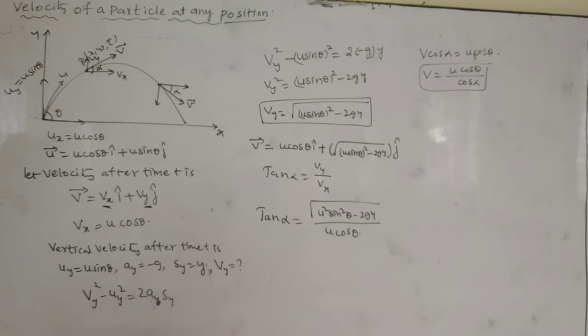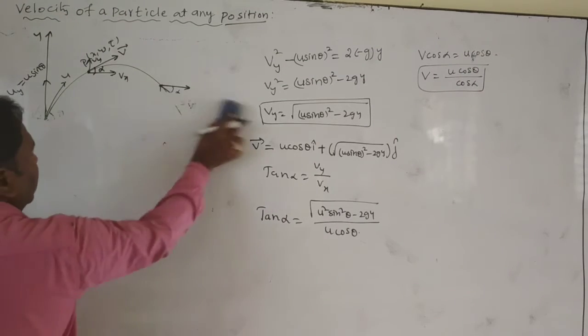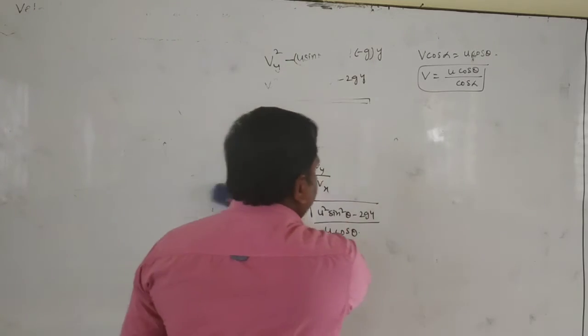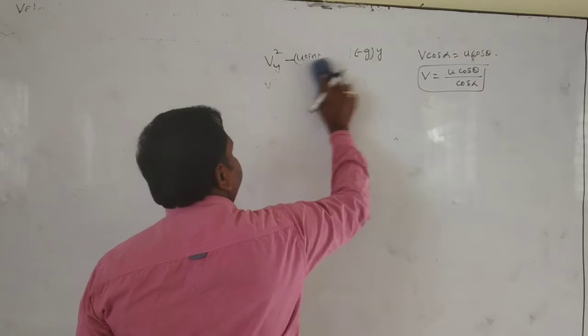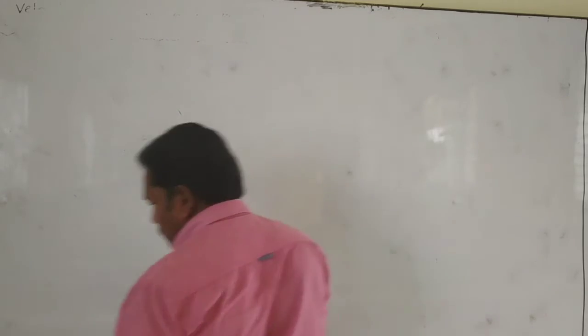Next we are going to find the velocity of the particle at half of the maximum height.